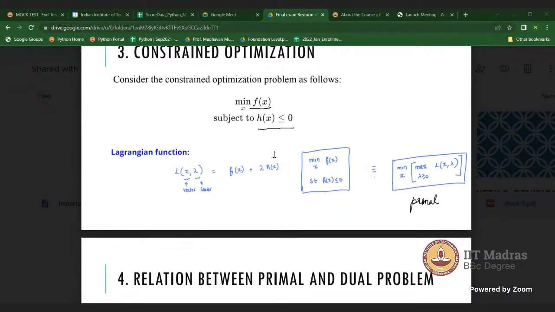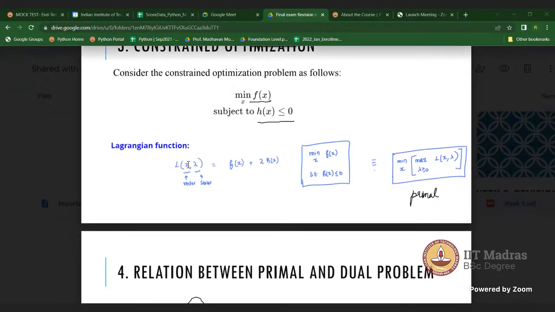The way to solve this is with the Lagrangian function. Let's say I have only one constraint, h of x less than or equal to 0. I define L of x comma lambda equals f of x plus lambda times h of x.